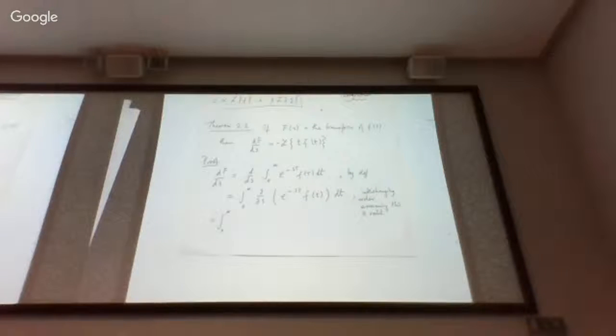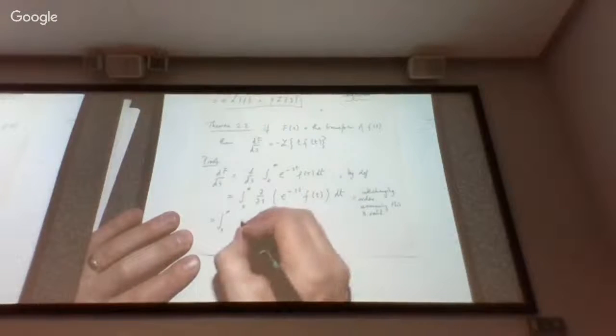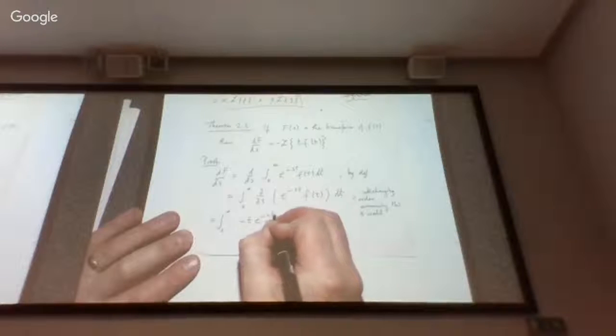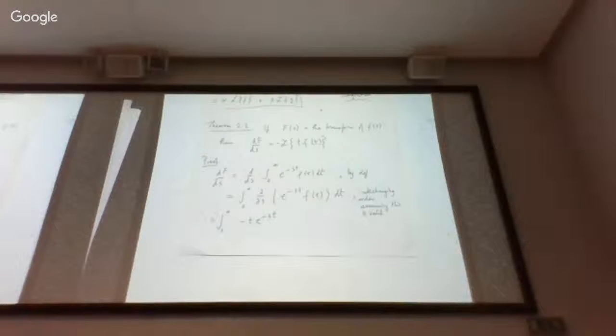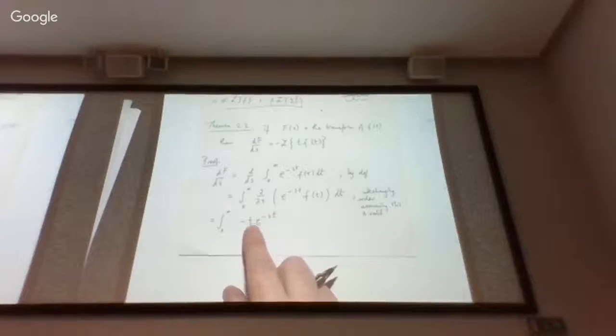Remembering our techniques of partial differentiation, the f of t just remains there unchanged, and we just differentiate e to the minus st. Differentiating e to the minus st with respect to s gives us minus t e to the minus st. The derivative of the exponential is the same exponential, but then we require the chain rule because the argument of the exponential isn't just s, it's minus st. The derivative of minus st with respect to s is minus t.